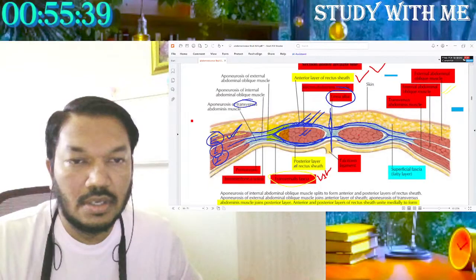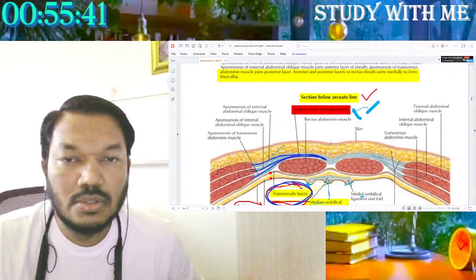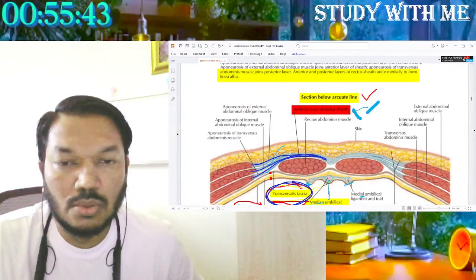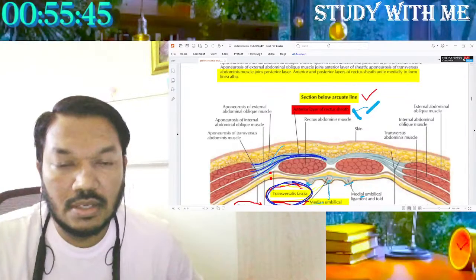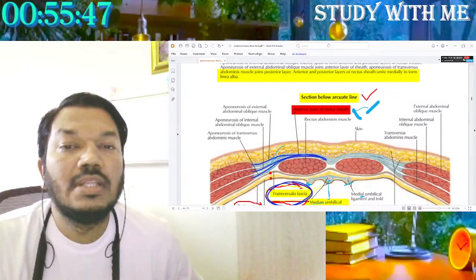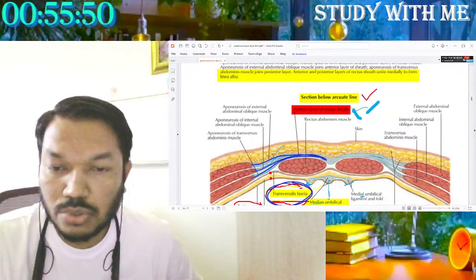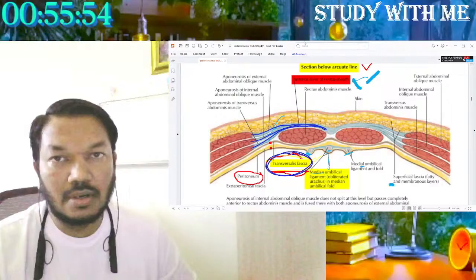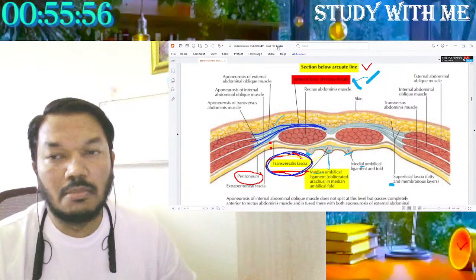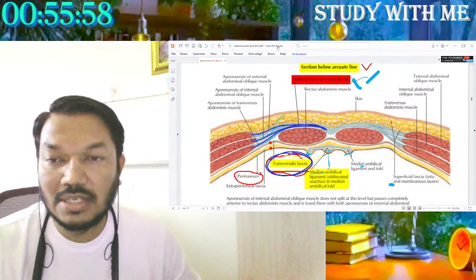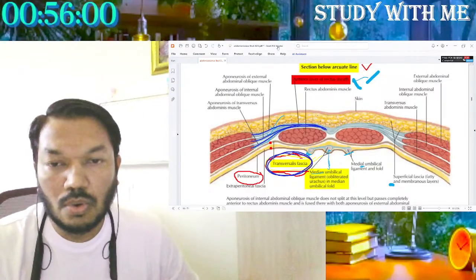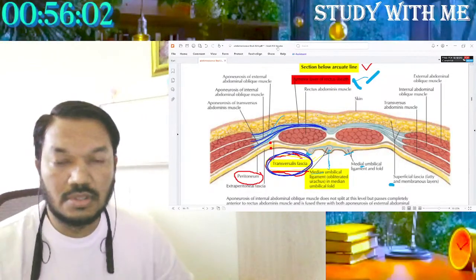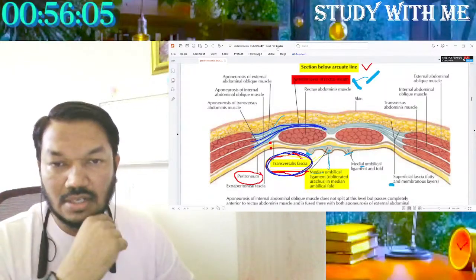Below the arcuate line, all three muscles go anteriorly, and they form only the anterior layer of the rectus sheath, where posterior covering of the rectus remains unprotected, but it is covered by transversalis fascia, or fascia transversalis, both are same.